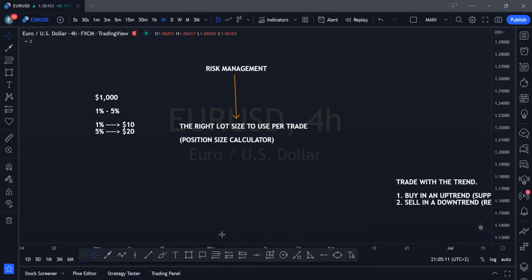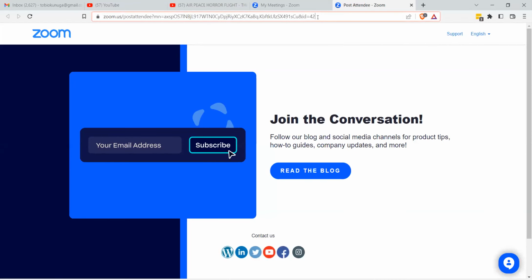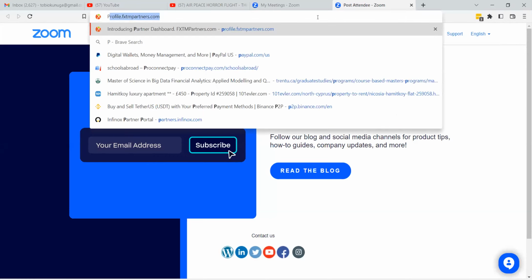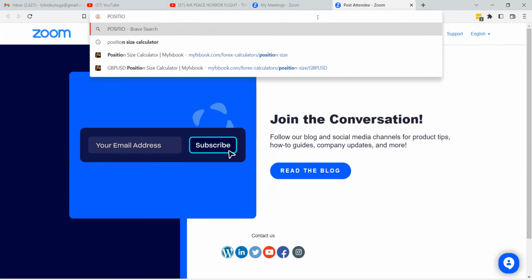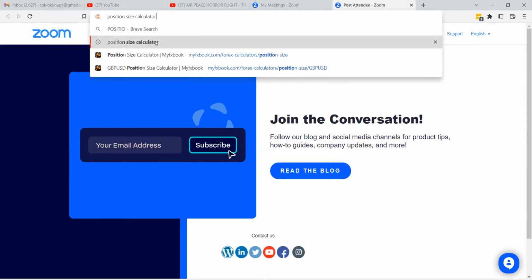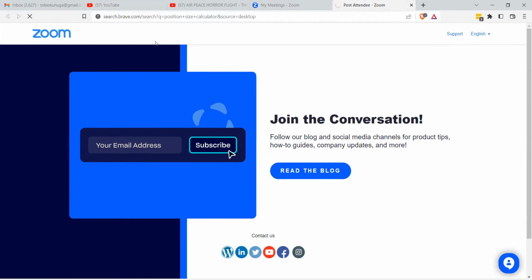So let's go to our browser and search for position size calculator. When you search for it on Google, it is usually going to be the first result that you see.